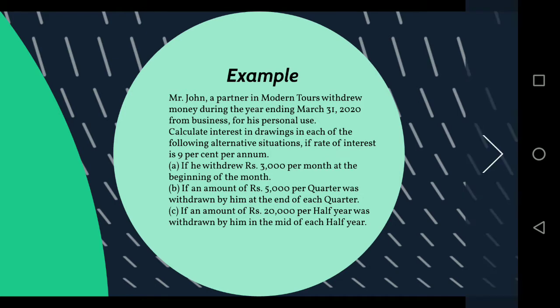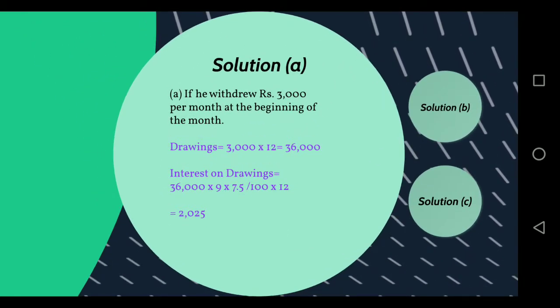So let's have a look at the solution. First case, if he withdrew rupees 3000 per month in the beginning of each month. In this case, first we have to calculate drawings. Drawings will be 3000 per month, into 12 for the year. So 12 times it is withdrawn, so the total amount withdrawn is 36,000. So we calculate the drawings first, that is 36,000.